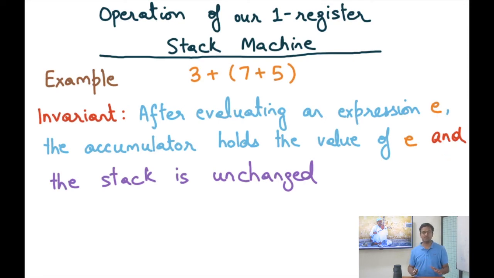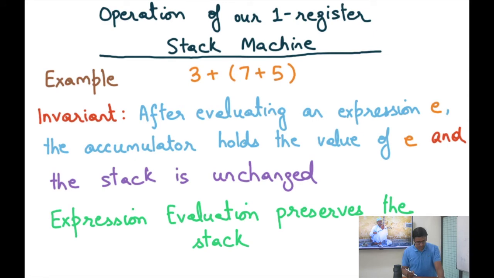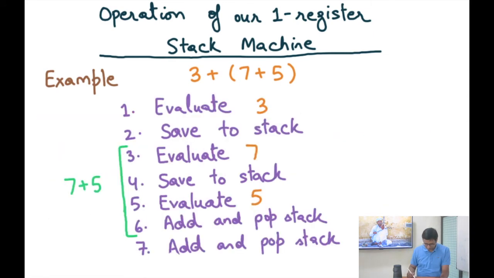So if I start computing E, whatever was the contents of the stack before the starting of computation of E is also the same at the end of computation of E. And that's something that I'm going to maintain as my invariant during this code generation strategy. So in other words, expression evaluation will preserve the stack in our strategy.